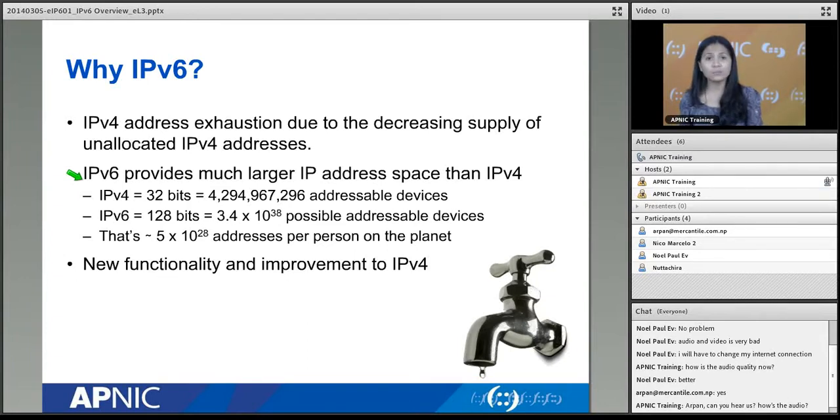Now, aside from that bigger address space, IPv6 has also introduced some new functionalities and improvements as compared to IPv4. Because why not? We are coming up with a new protocol. When we came up with IPv4 or the TCP/IP protocol suite, we didn't have as much experience.